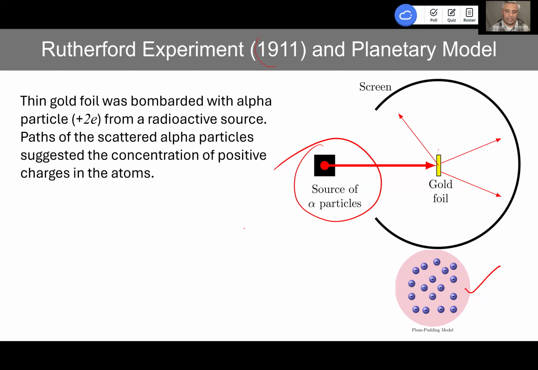Basically, alpha particles are helium atoms. Remember, helium has two protons and two neutrons and two electrons orbiting around, based on what we know now.